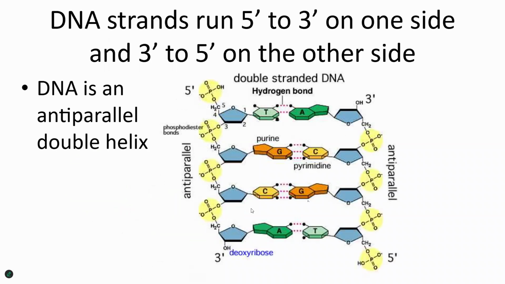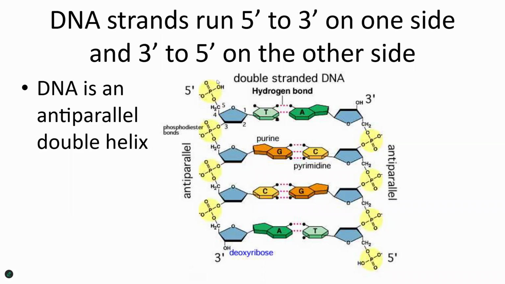But then if we look at the DNA strand, over here on the left, the top of that molecule is closest to carbon number 5, and that's what makes that the 5' end. Down here, this end is closest to carbon number 3, which makes that the 3' end. On the other strand, this top part here is closest to carbon number 3, which makes that the 3' end.